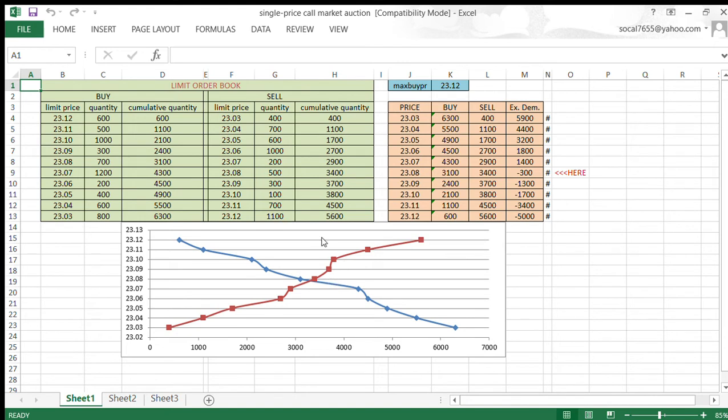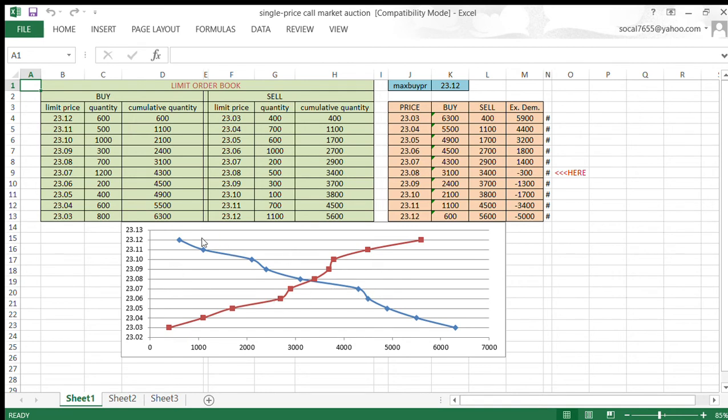And if you think about it, that price is the price at which the most units of that good will trade. The same thing is true here. If we come up with the best opening price, it's the opening price that's going to allow the largest number of shares to trade.